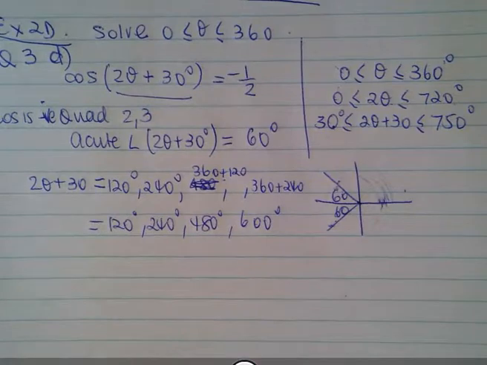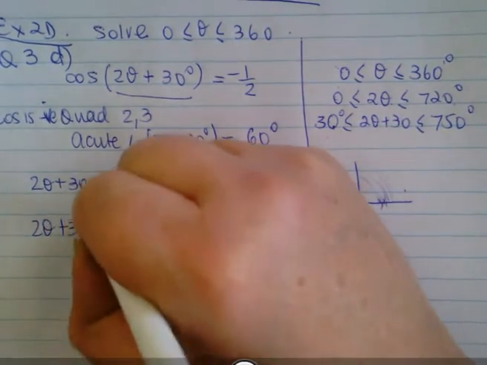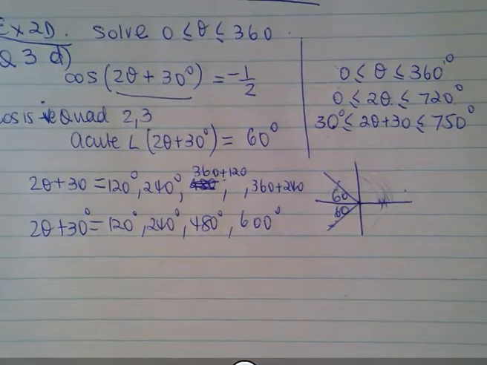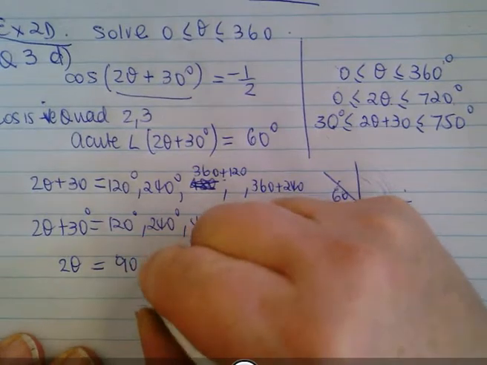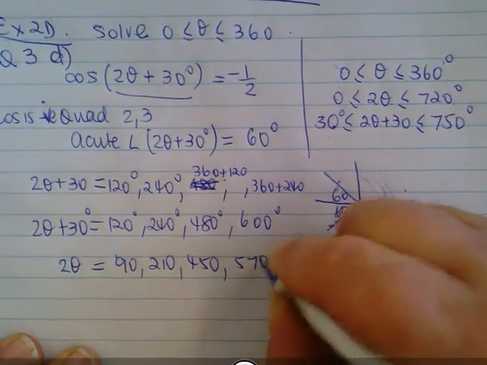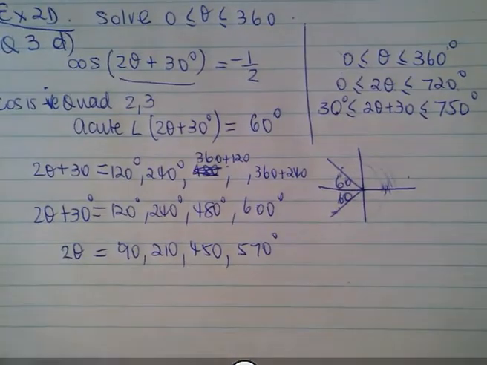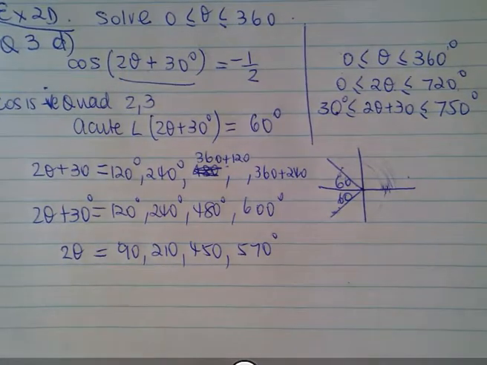I need theta. So it's just like solving an equation. That's what 2 theta plus 30 is. What do you get rid of first? Subtract 30 from everything. So 2 theta would be 90, 210, 450, 570. All good? And now what do you do? I've shown you the 2 theta types on their own, and I think I've shown you the theta minus 30 type or theta plus 30 type.